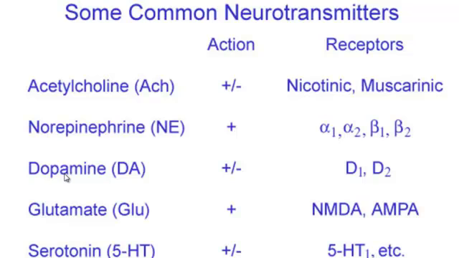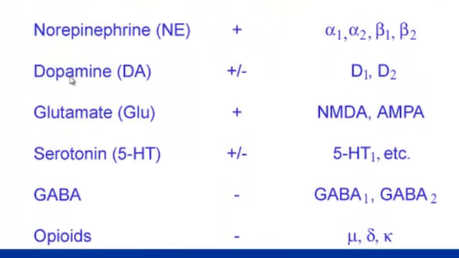These are things that reduce psychosis, such as schizophrenia. Glutamate is the most common excitatory neurotransmitter, very important in learning. We'll talk about how cells bond together in a learning process. We have NMDA and AMPA receptors. You're going to eventually need to know these receptors as we talk about other material.